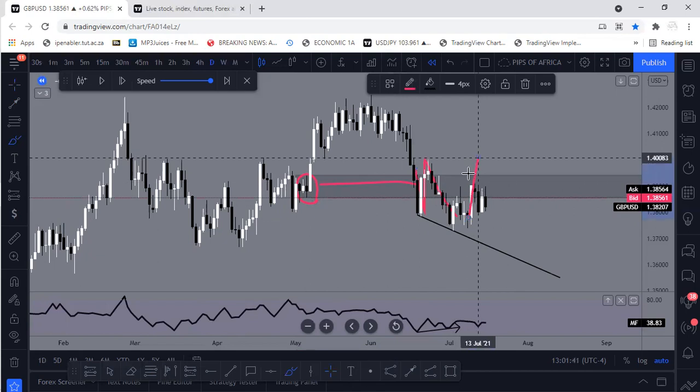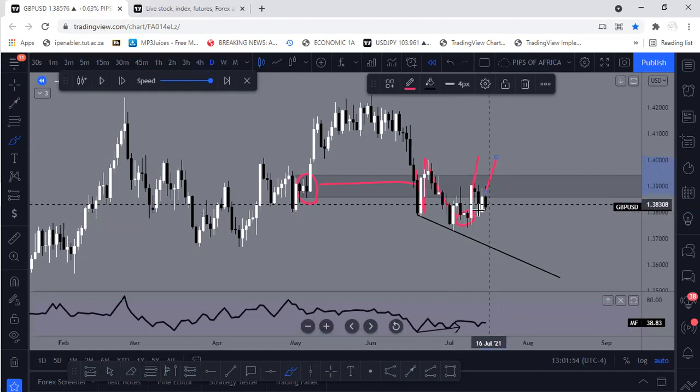Meaning it can do that, it can break above, but it is too risky to buy the market here. We want to see the market breaking up again here and then leaving an order block underneath. Let me show you what I'm talking about.